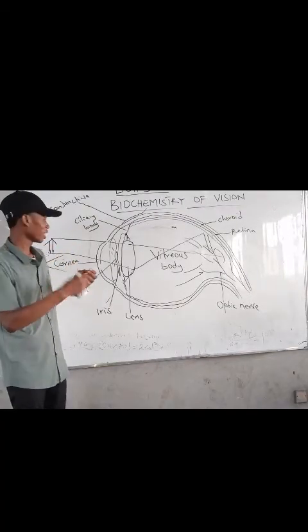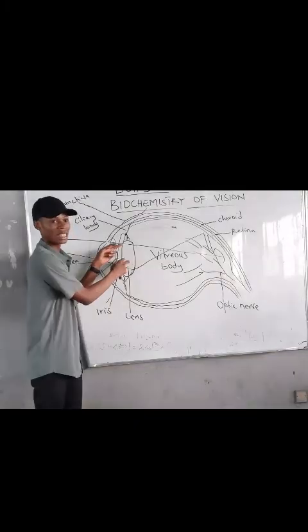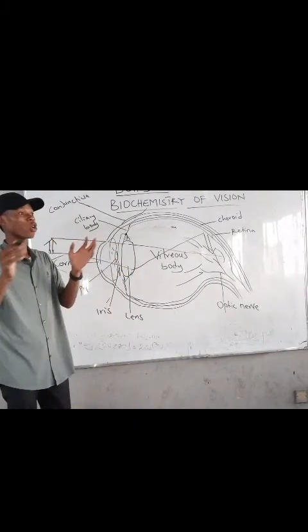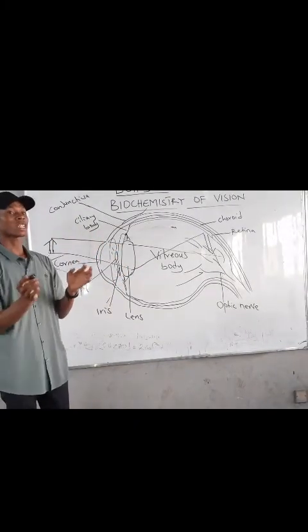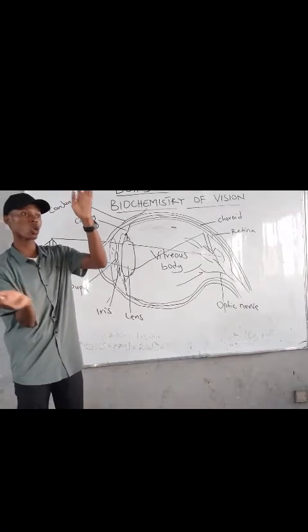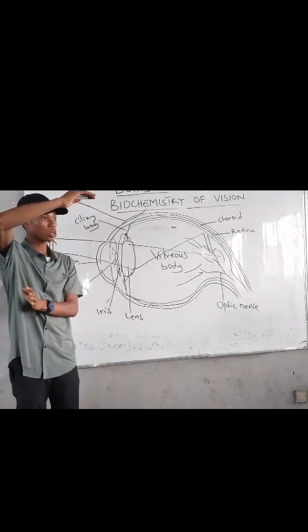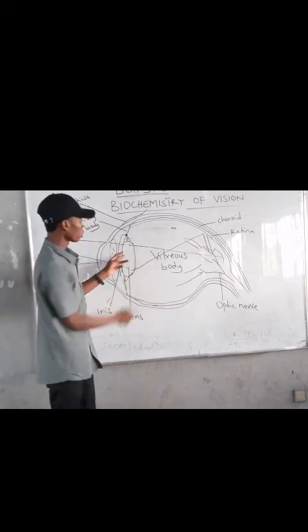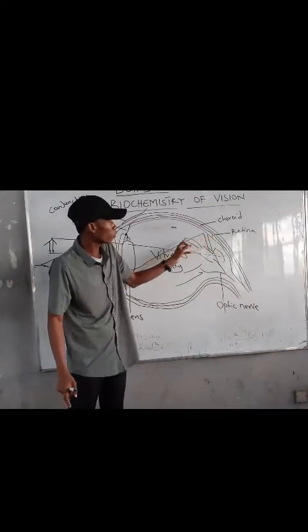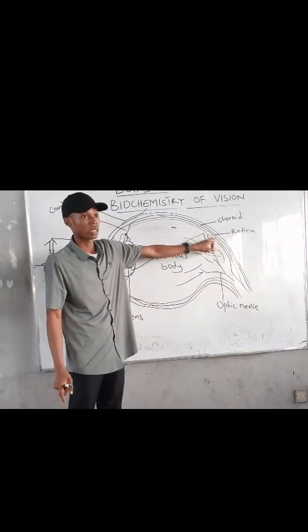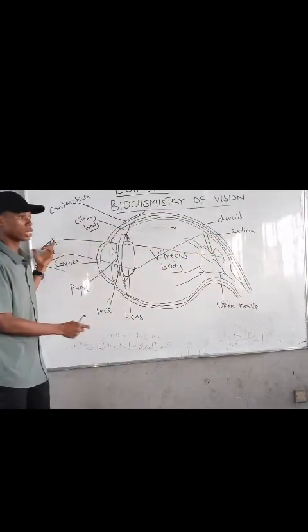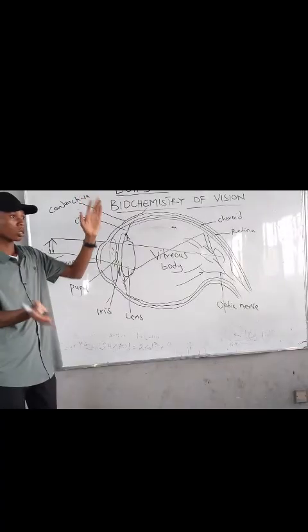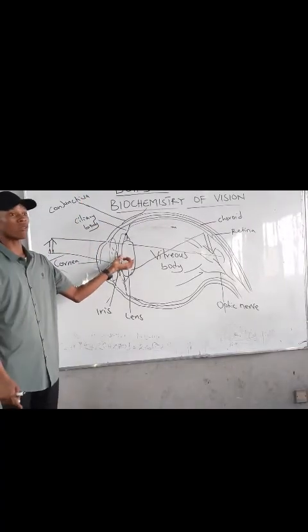Now, as the light hits the lens here, we say the lens is a biconvex lens, and a convex lens will always turn the image upside down. Is it not? So the light from the lens will be transported to the retina. It hits the retina, but not as it was, but turned what? Upside down, because it is a convex lens.